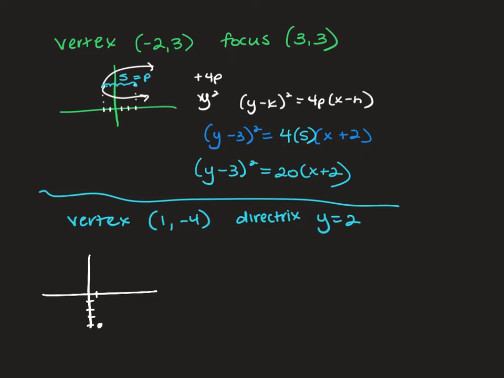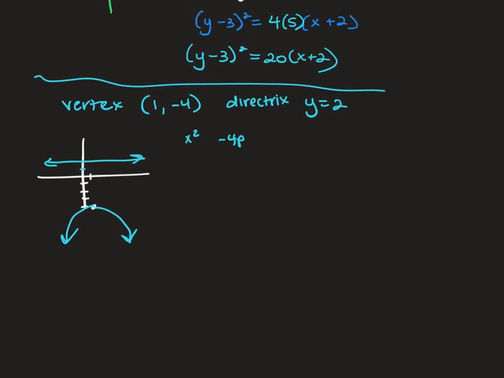Directrix being y equals 2 means this is a horizontal line, and my vertex points away from the directrix. So I know that this is an x squared with a negative 4p. I already have the vertex, so I can go x minus 1 squared equals, fill back in my 4p, y minus negative 4 becomes plus 4.